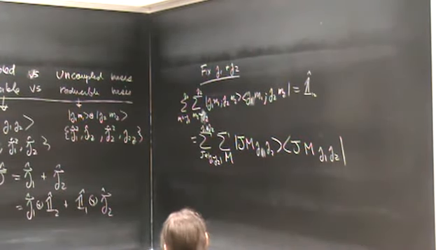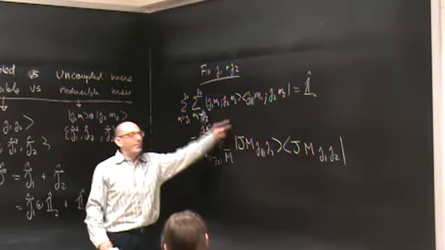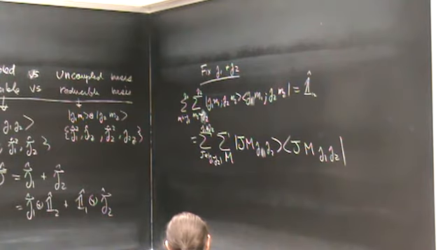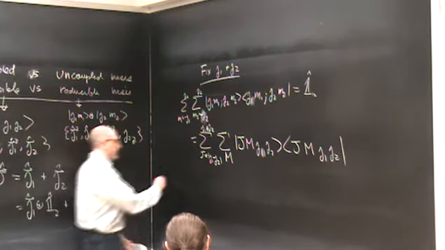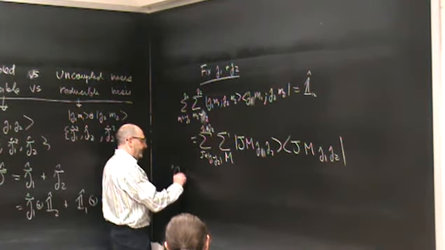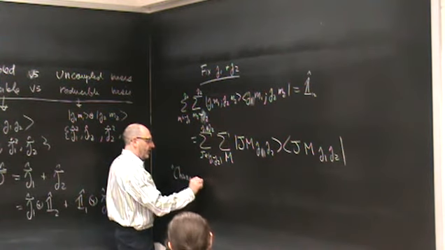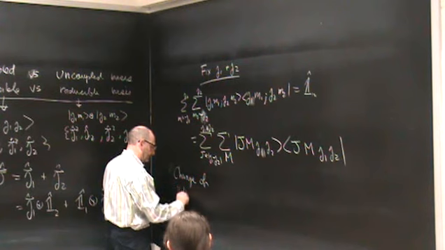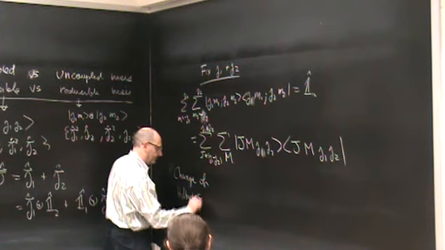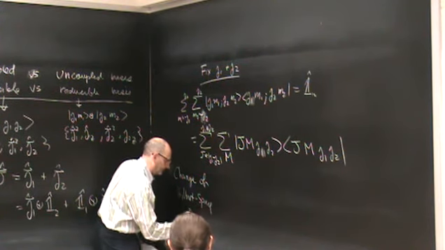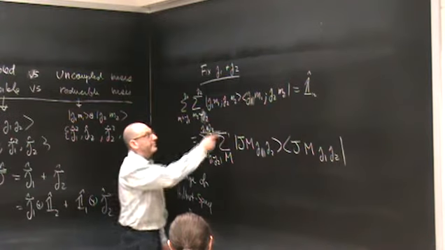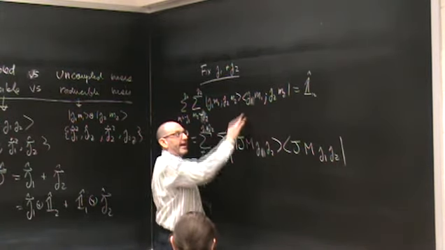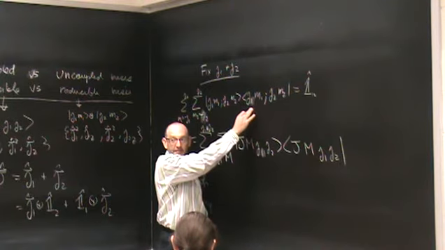And I can change from one representation to the other, right? So the change of Hilbert space basis is defined by the unitary that goes from one to another.